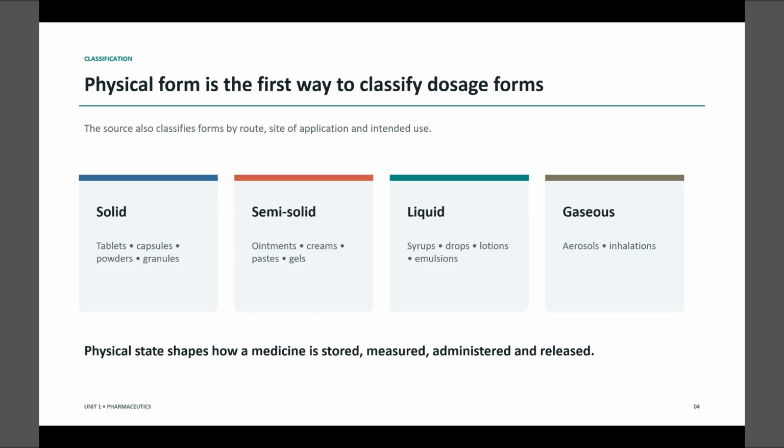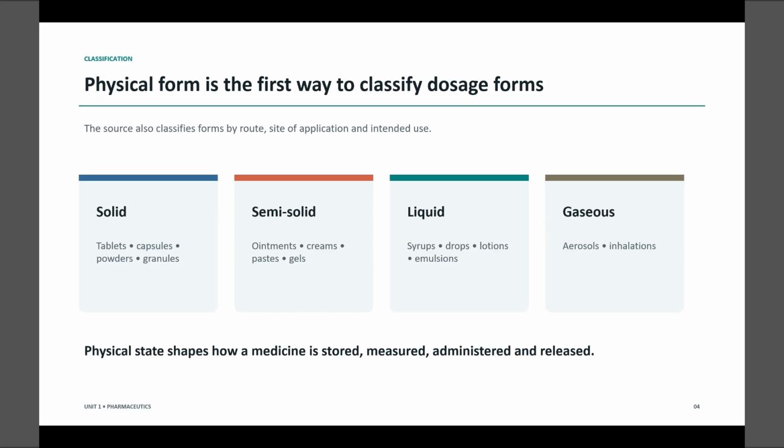In solid form, examples are tablets, capsules, powders, granules, etc. Semi-solid dosage forms are ointments, creams, pastes, and gels. Liquid dosage forms are syrups, drops, lotions, and emulsions. The next one is the gaseous dosage form, that is aerosols and inhalations.